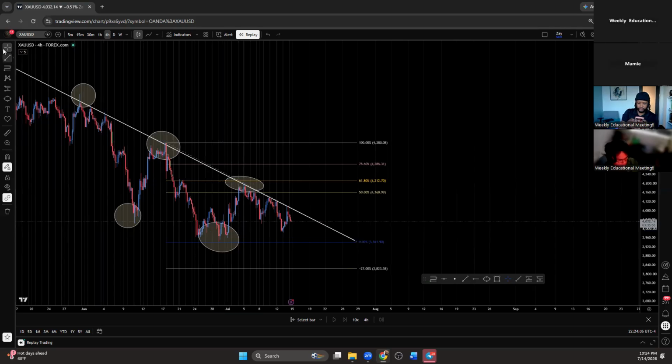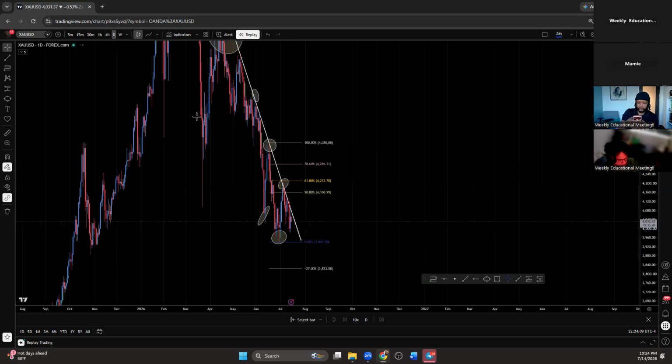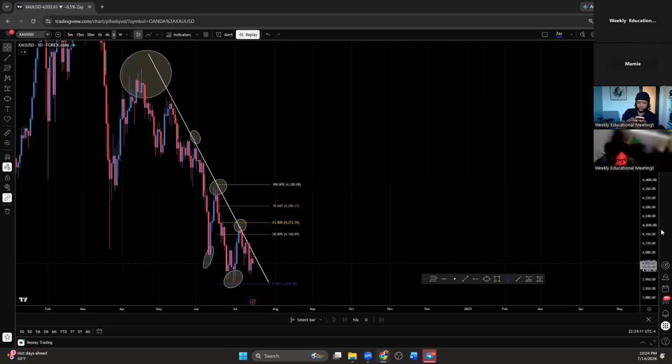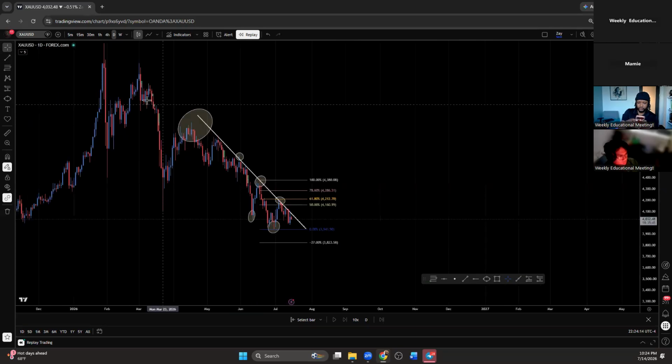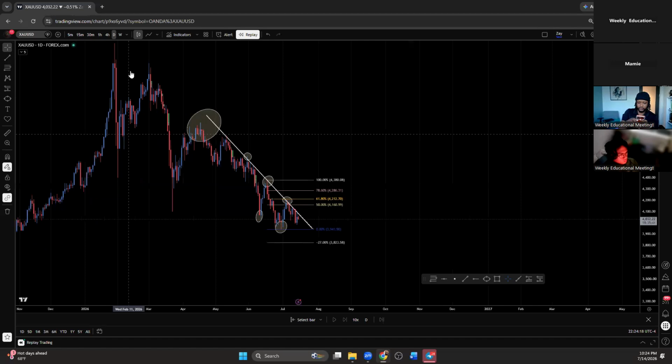So from there, I went from the daily to the 4 hour. I showed you on the daily time frame the break of the uptrend, the break of structure here, the break below the downtrend, which was the break of structure that happened here, the lower high that was created, and then you saw market started giving you lower highs and lower lows.